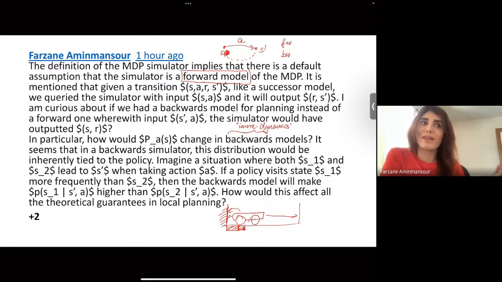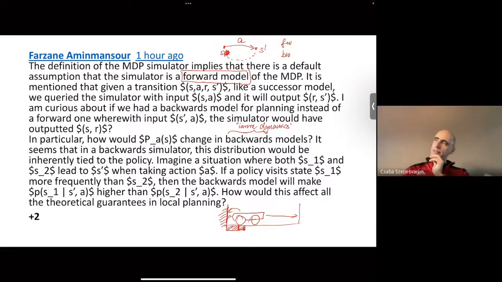Experimentally, we showed that they are really performing better, but for the theoretical part, I'm not quite sure how to approach it. I was thinking maybe we can get benefit from a different policy pi that we have probably taken before getting to this state s prime. But I'm not really sure how it will work.